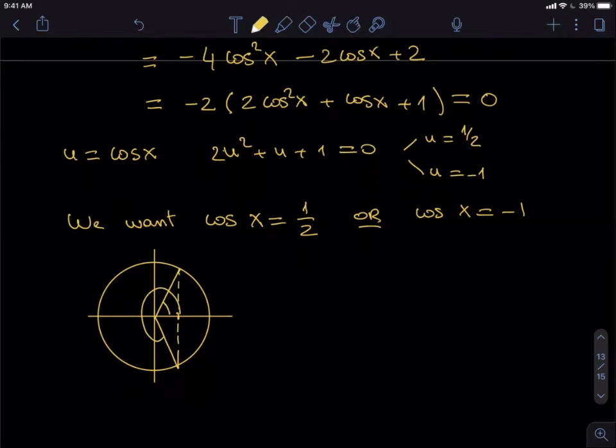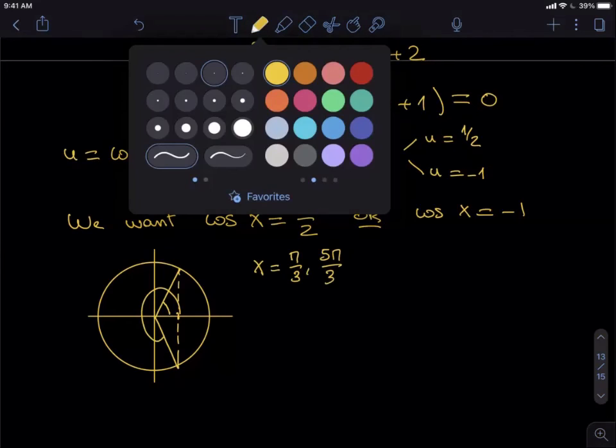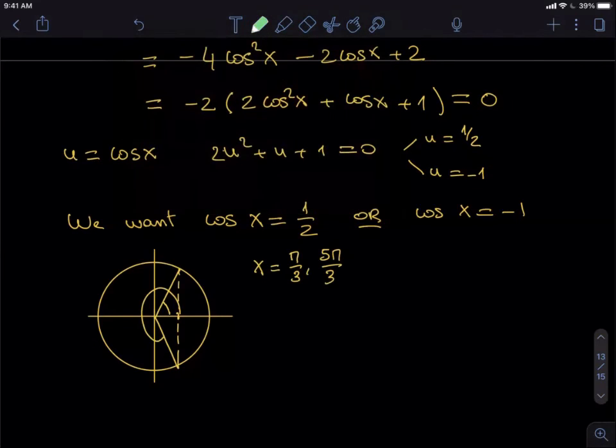So the first possibility, 1/2, that is pi thirds, that will be 60 degrees. But remember, we always write it in radians. And then it would be negative pi over 3, which is 2 pi minus pi over 3, 6 pi minus pi, that makes 5 pi over 3. Those are the two angles. And so these are the first two options.